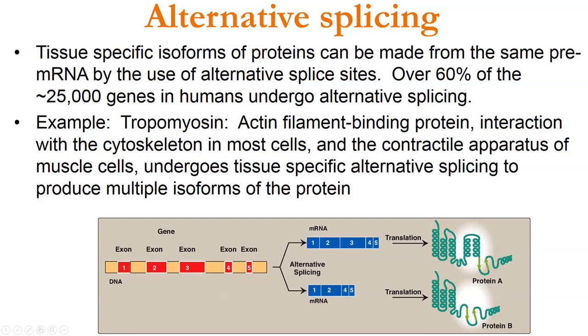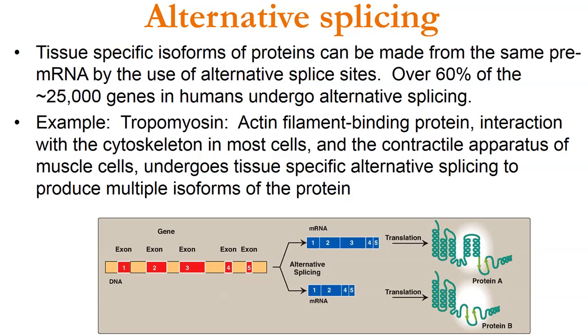And I wrote here, you certainly don't have to try to memorize this number, 60%, because it jumps around all the time. I think now that number is actually much, much higher. I've seen some sources say they think it's 95% of genes undergo alternative splicing. So you remember those eukaryotic genes have those intron regions that get cleaved out.